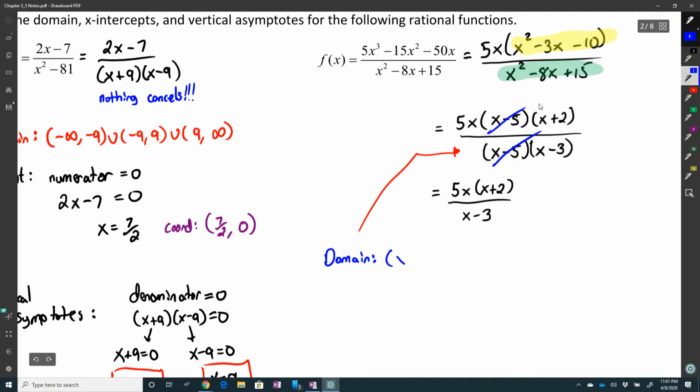So negative infinity to 3, 3 to 5, 5 to infinity. If you use just the last answer, all you're going to get is the 3, and you're going to be wrong. So not only is it the 3, but you go to the thing that you canceled out too, and that's going to be a 5. Visually speaking, this is my vertical asymptote, and this is my hole.